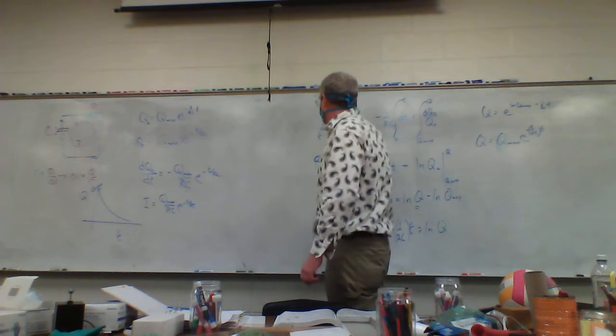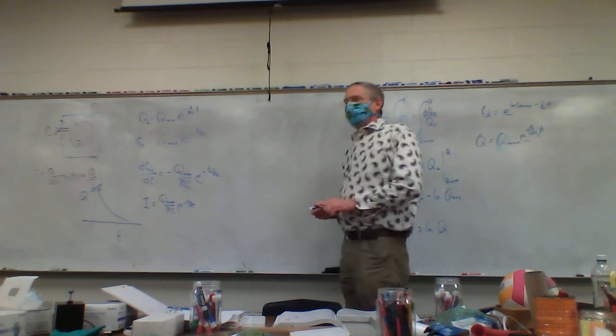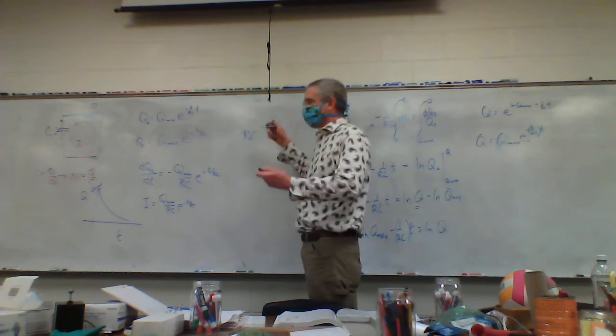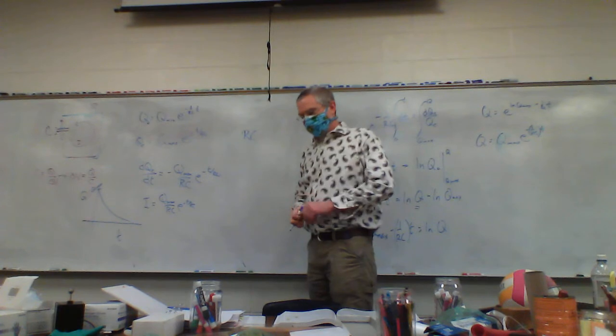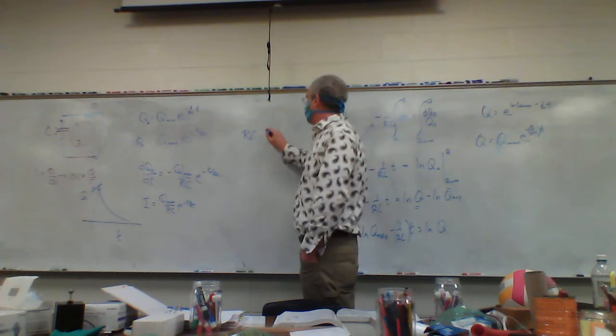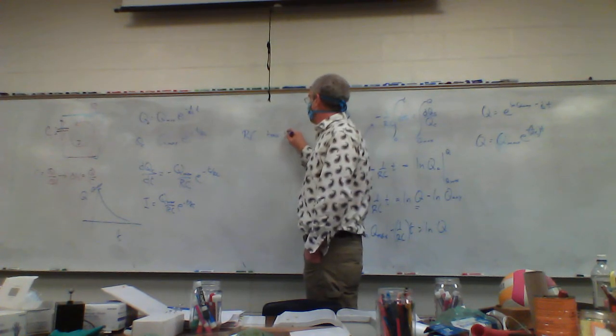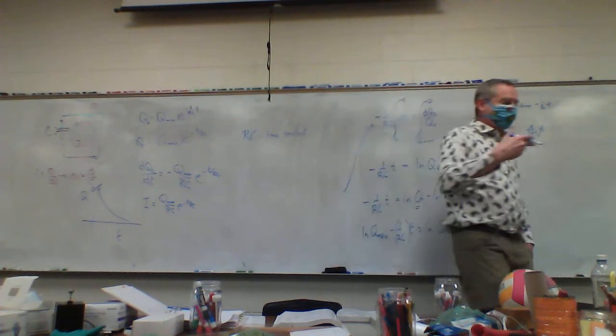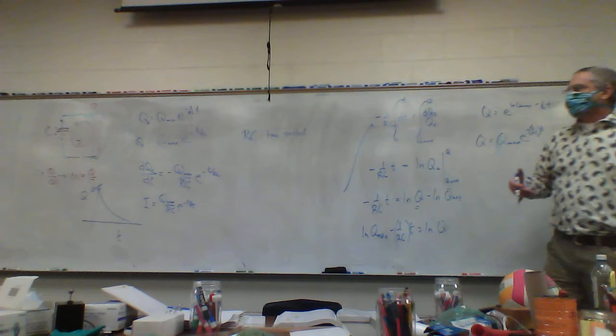A bit of vocabulary. RC is known as the time constant. There are various time constants. This is one of them, so I guess I should change that. This is known as a time constant. And it's specific to a particular problem.